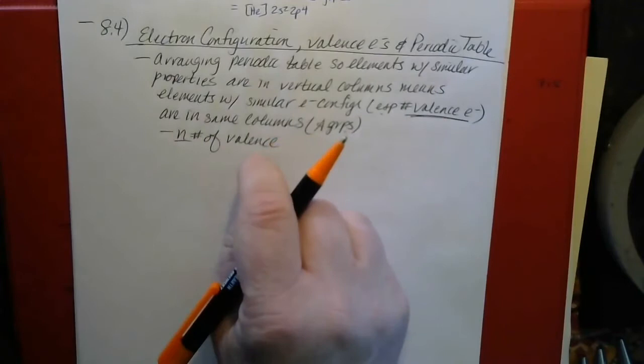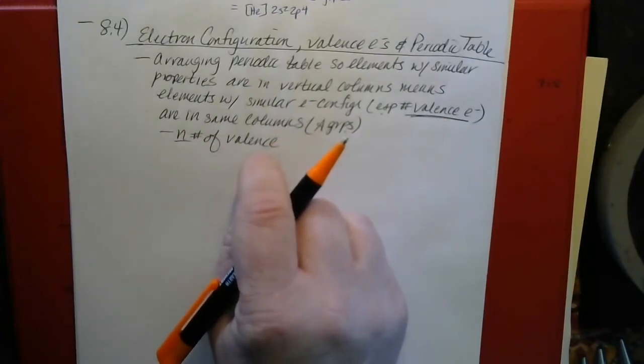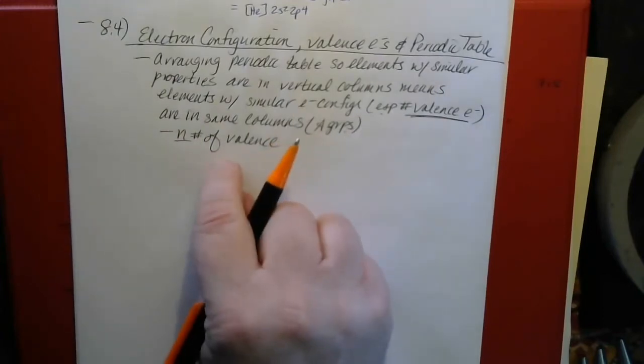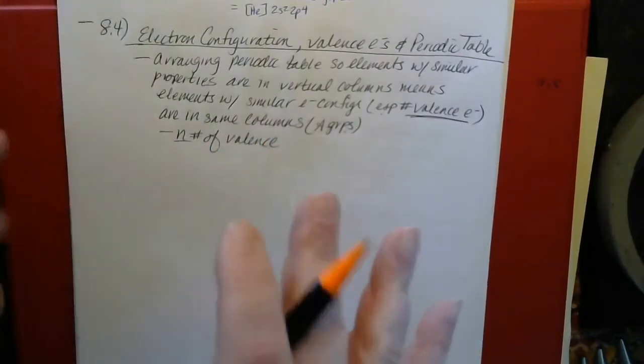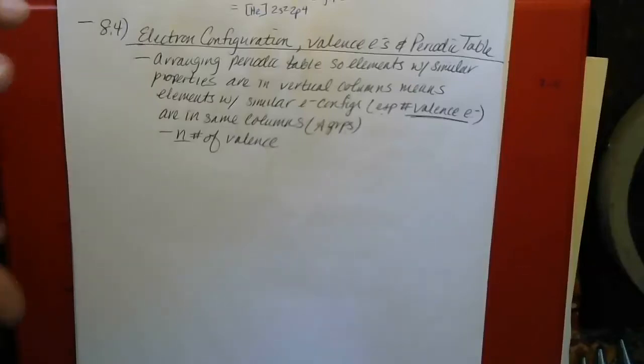Even though the elements in any given column or group will have the same number of valence electrons for the A groups, the n number, that is the number of the outermost shell, will increase by 1 for each step down the group.